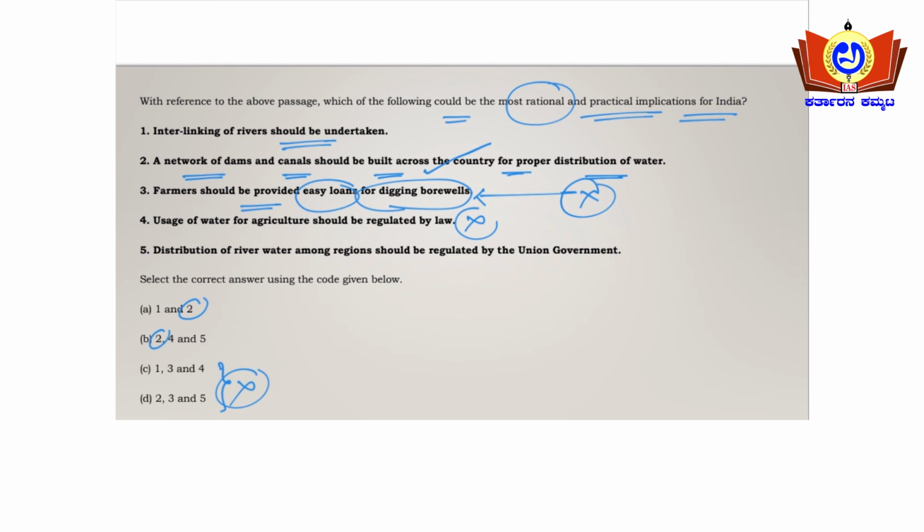Okay, but it is not talking about it should be regulated by law, or that it is beneficial if it's regulated by law. It's not talking about any law, right? So the fourth statement can also be negated. If the fourth statement is negated, option A will be the remaining one here. So statements 1 and 2 hold good here. So option A is the answer here. So moving on to the next passage.